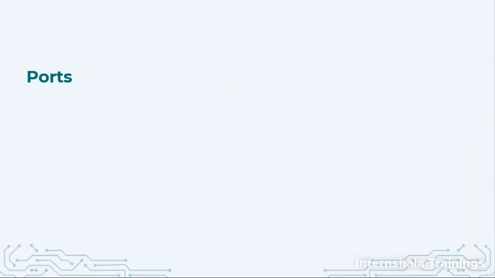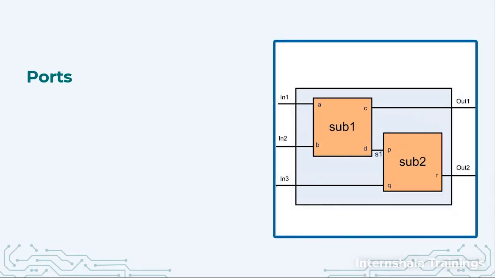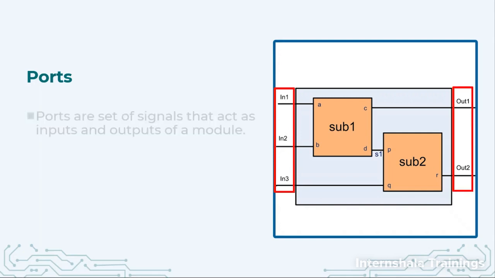The next component in our Verilog code is the port. Ports are the input and output variables. If we talk about other programming languages, in Verilog we call them ports. If you look at this block diagram, for the larger module there are 3 input ports, in1, in2, in3, and there are 2 output ports, out1 and out2.